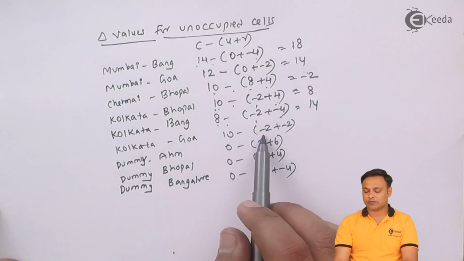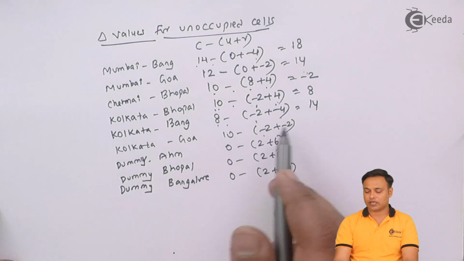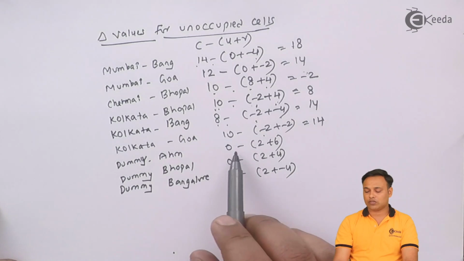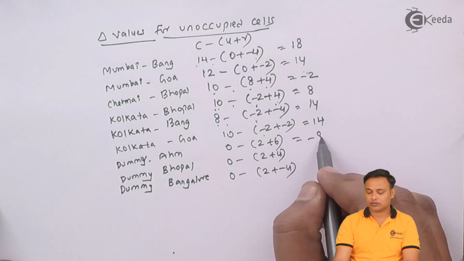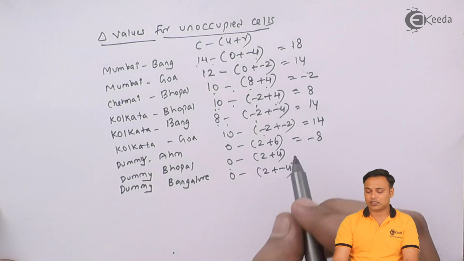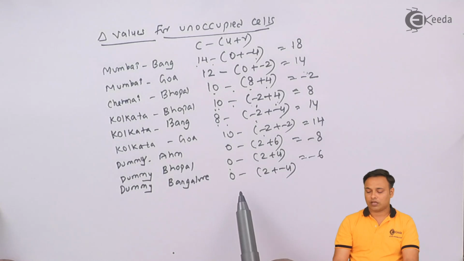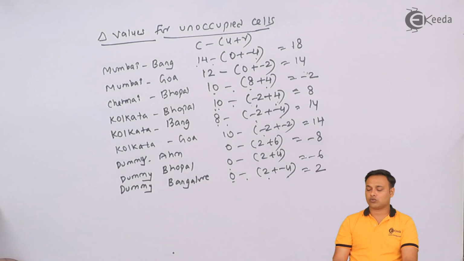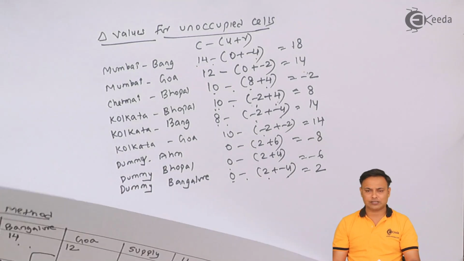We have 10 minus minus 2 minus 2 is minus 4, 10 minus minus 4 is 10 plus 4, 14. We have 0 minus 8, we have 0 minus 6, and we have 0 minus 2 plus minus 4, which comes to 2. So we got all the delta values for unoccupied cells.